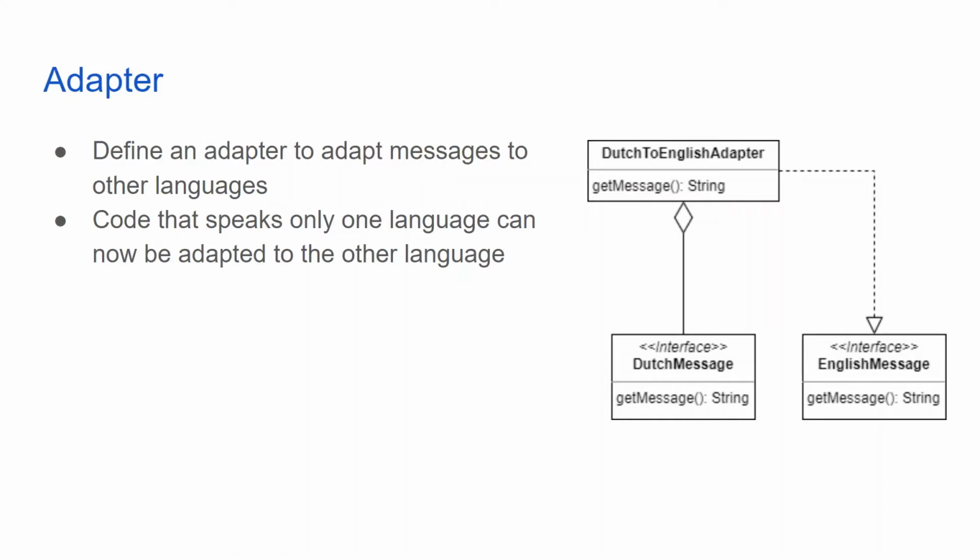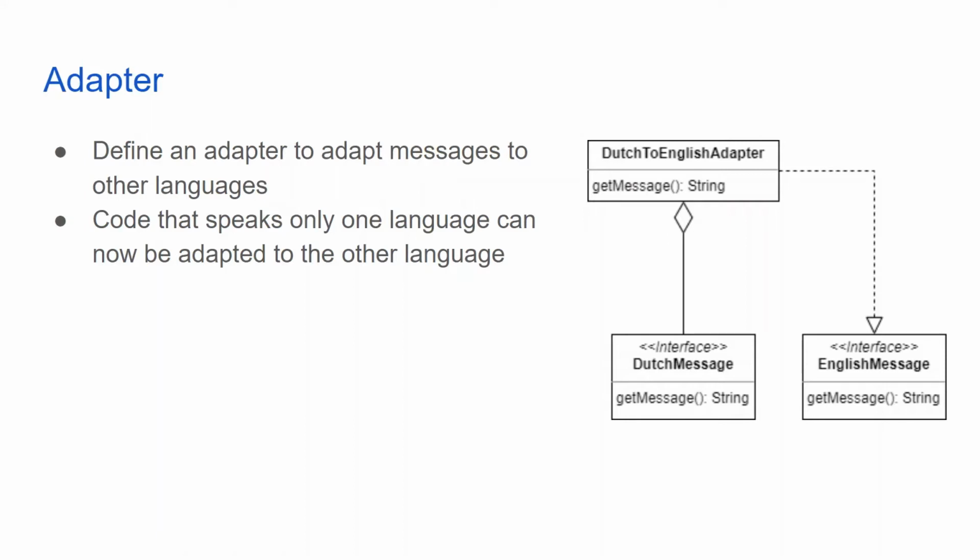So it goes from one interface to another interface. Now with this adapter, we can use Dutch messages on code that only accepts English messages by letting it go through this adapter first. This way we can use other kinds of classes or interfaces in code that might not accept the classes or interfaces that we actually want to use.